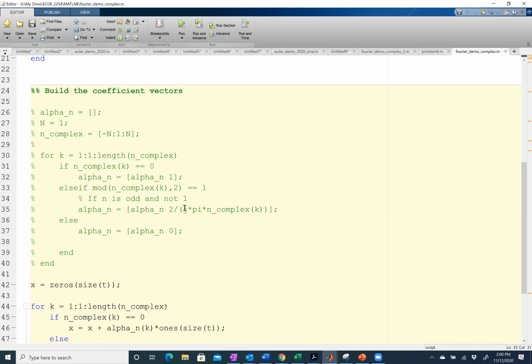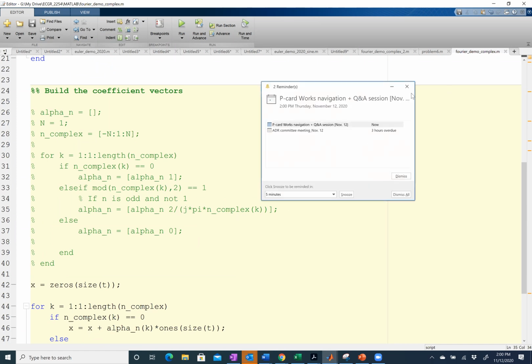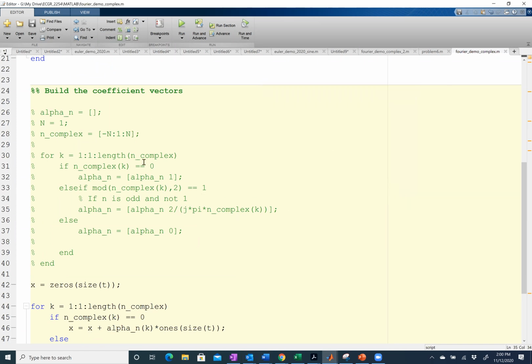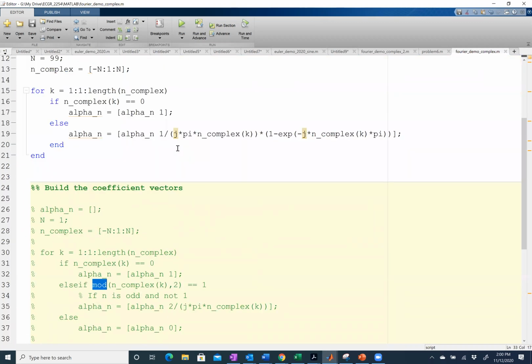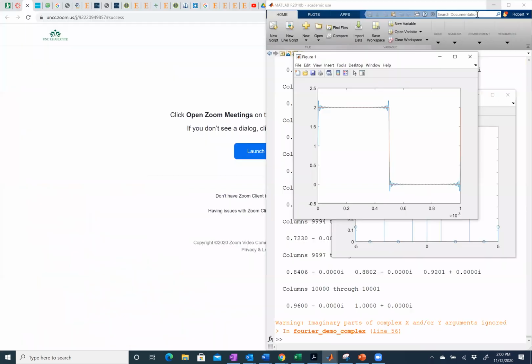If n is an odd number, put in this value. Now, that's a little bit beyond what I want you guys to be able to do in this class. But some of you guys who are computer engineers especially, hopefully you'll recognize the mod command. All right. But I didn't want to do it that way in this case. I just did it sort of by a little bit more brute force. There's more elegant ways to do what I did. All right, but that was a reasonable way to start.